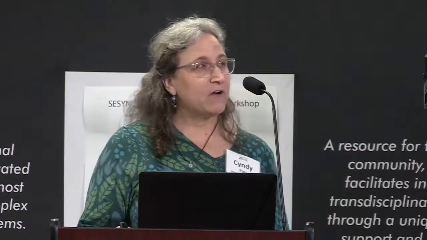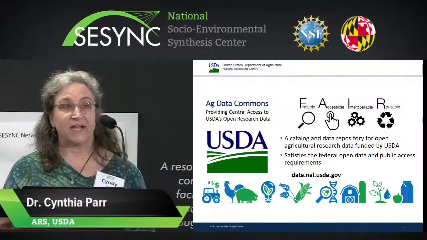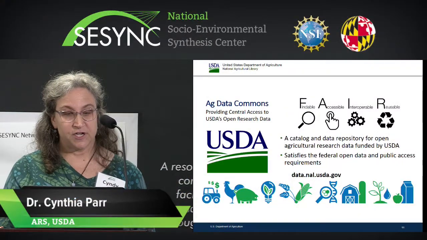Our primary goal is to make data more fair, findable, accessible, interoperable, and reusable. We are also both a catalog and a data repository, so we want to inventory all the data that USDA has funded. But when data does not have a home, we will find a place for it in the AGData Commons. And we're satisfying the requirements at the federal level for open data and also public access to data that's funded for research.